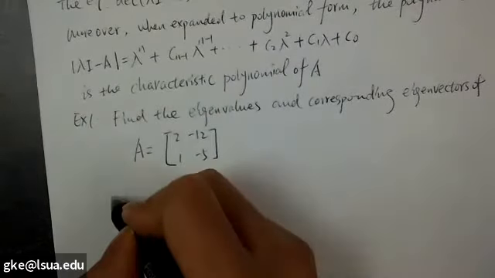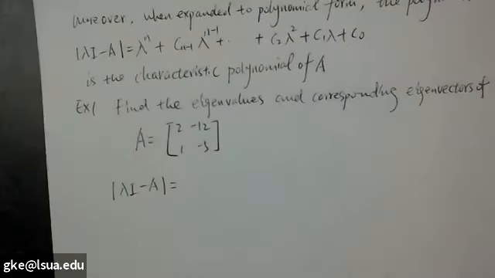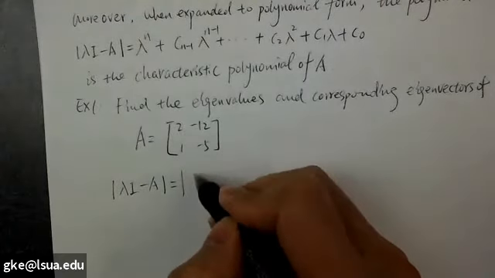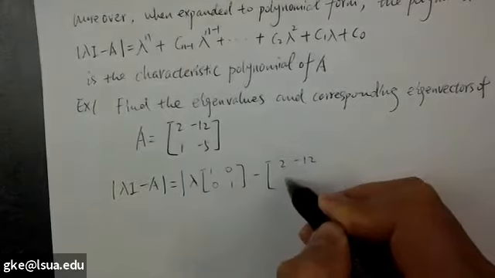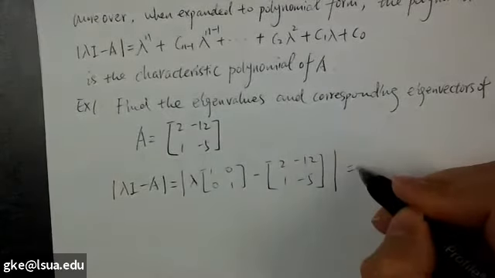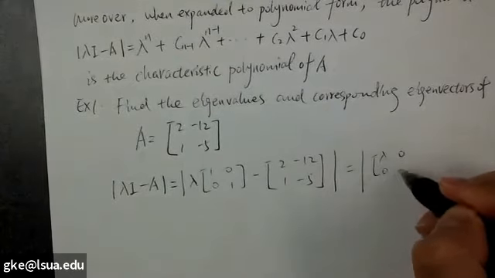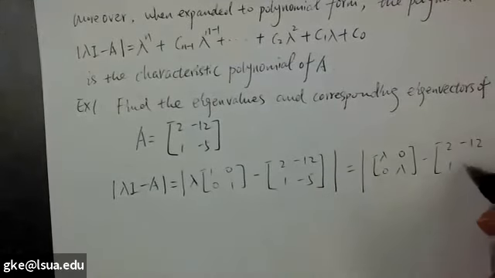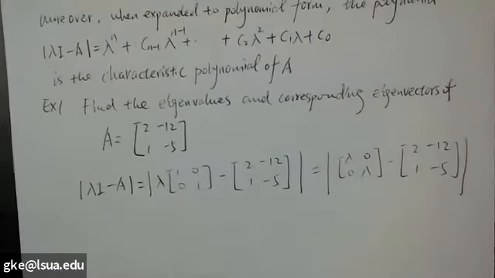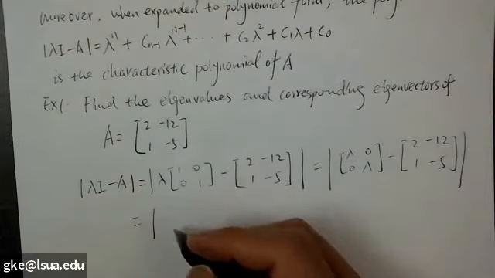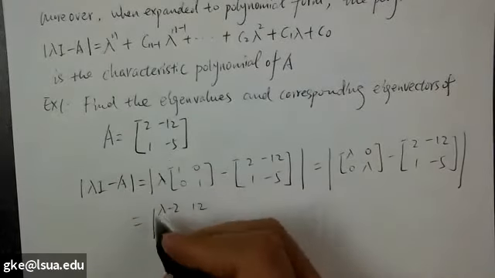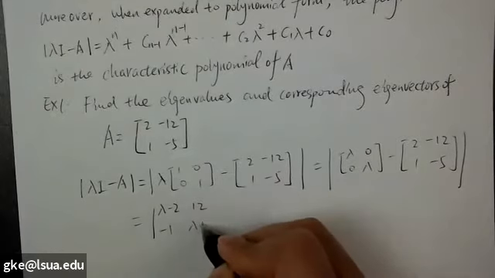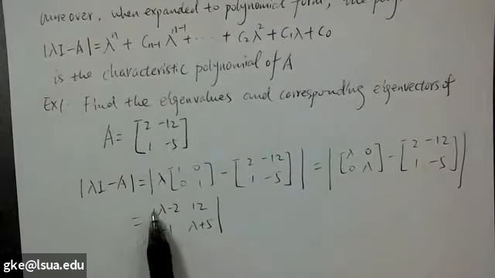So we have lambda I minus A, which is lambda times the identity matrix [1, 0; 0, 1] minus A. Simplified, we get the matrix with lambda minus 2, 12, -1, lambda plus 5.